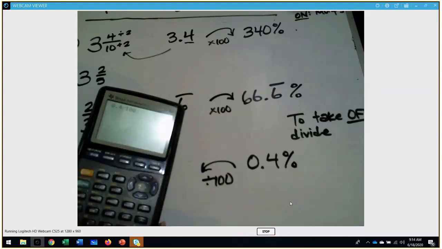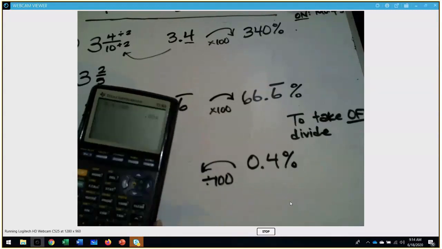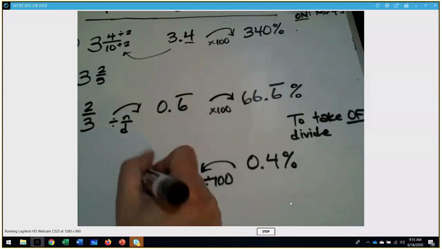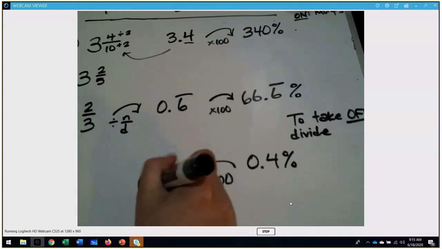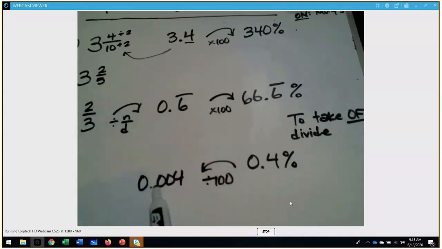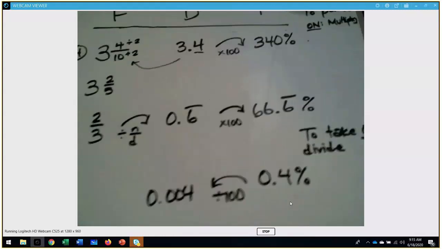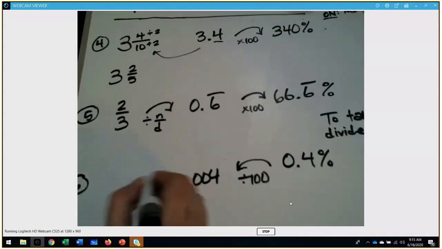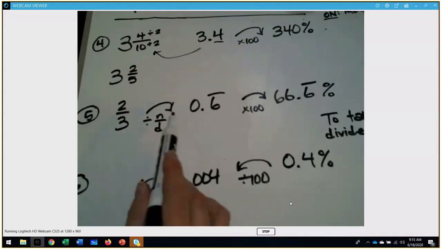The dividing by the 100 is what takes it off. And now the decimal is moved over. There's the decimal version. This is the percent version. There's your decimal version.